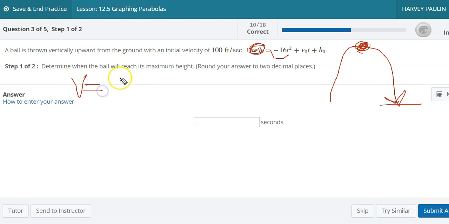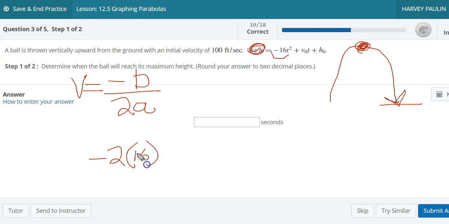V equals negative B over 2A. Now we know our A is going to be a negative 2 times 16. And our B, our initial velocity, is going to be 100.